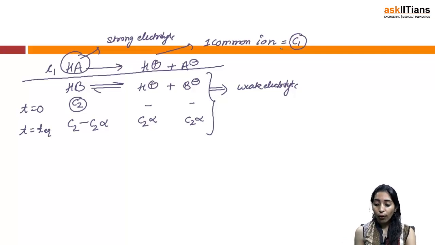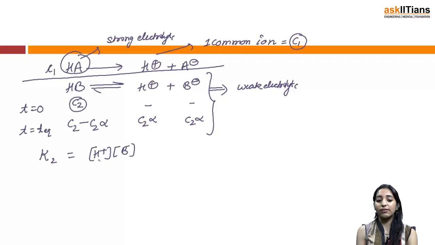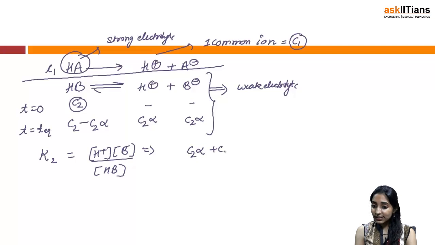And hence we can also say that now for this weak electrolyte HB, I will write the K2 for this weak electrolyte. I can say this will be concentration of H positive, concentration of B minus divided by concentration of HB. Now instead of writing the concentration of H positive as simply C2 alpha, I will write it as C2 alpha plus C1, which will be multiplied by C2 alpha and which is to be divided by C2 minus C2 alpha.